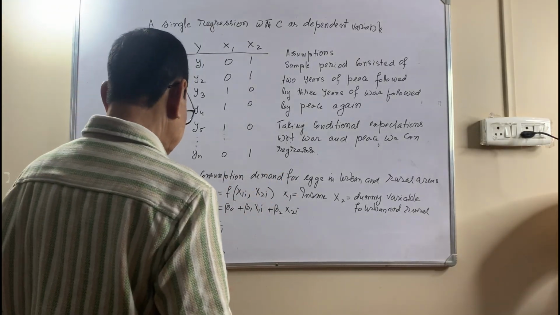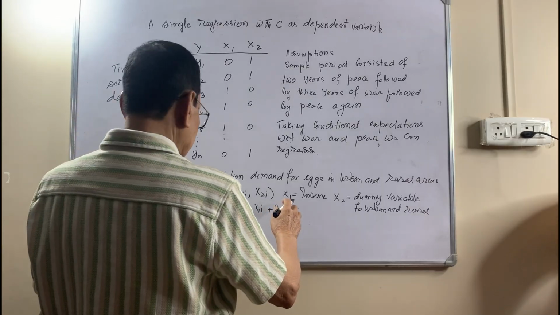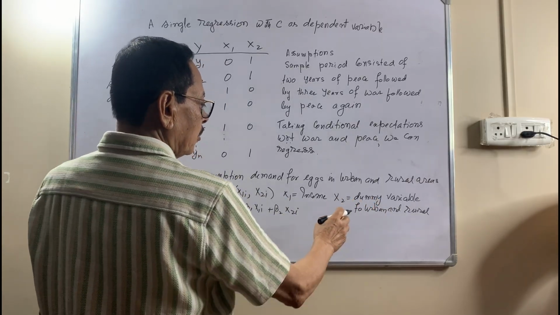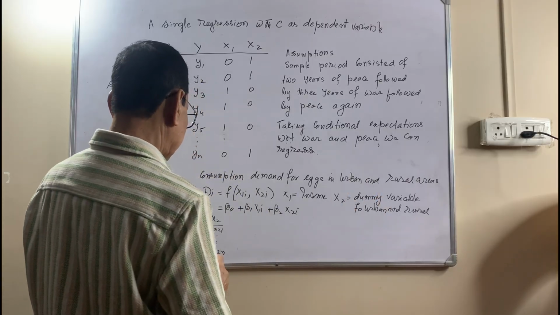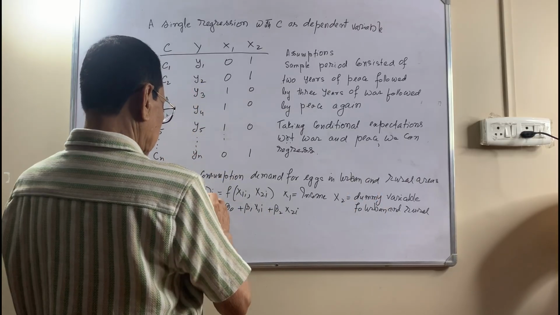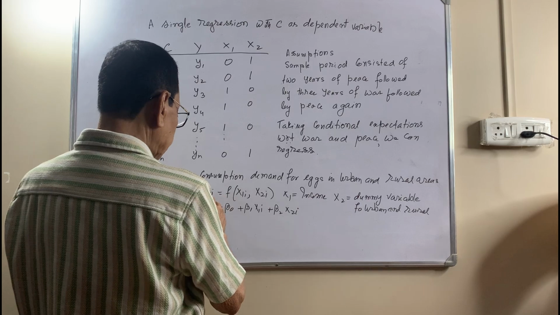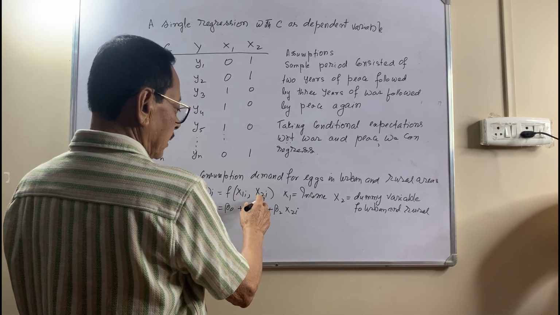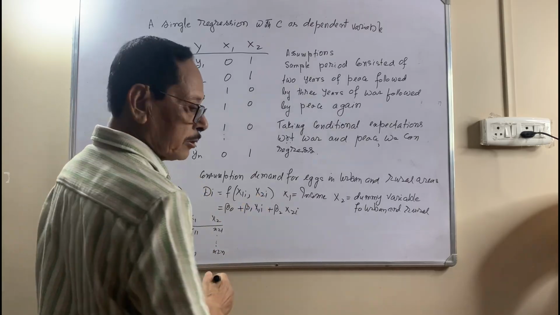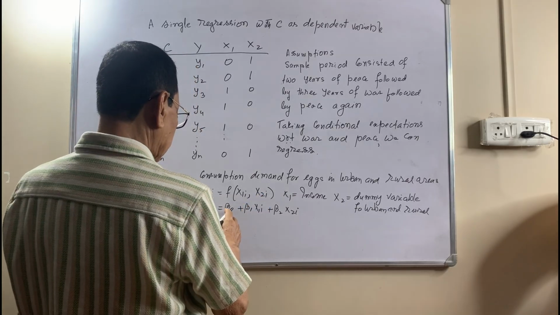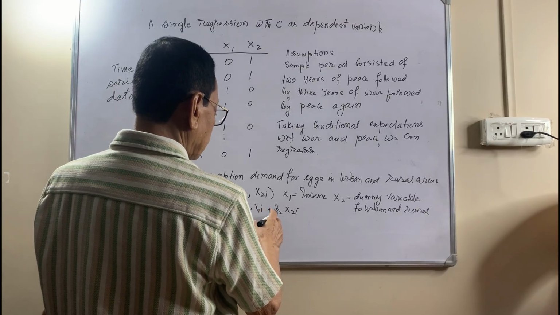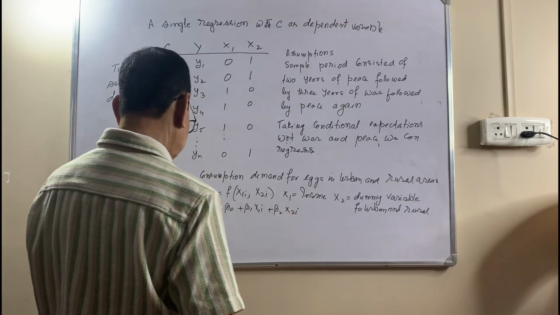In that case, X1 is income and X2 is the dummy variable for urban and rural. So D i, the demand, is a function of income and that dummy variable. This is equal to beta naught plus beta 1 X1i plus beta 2 X2i.